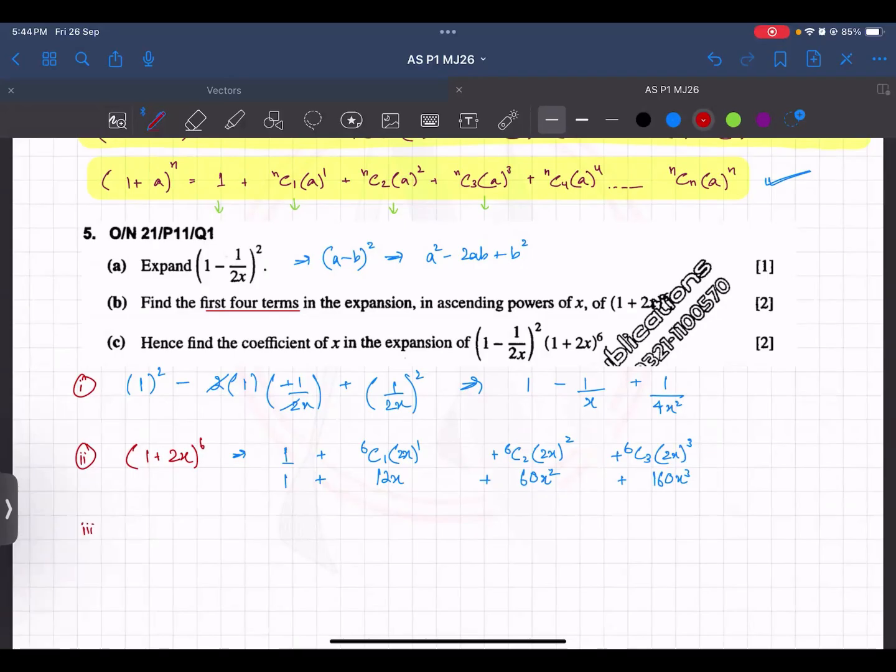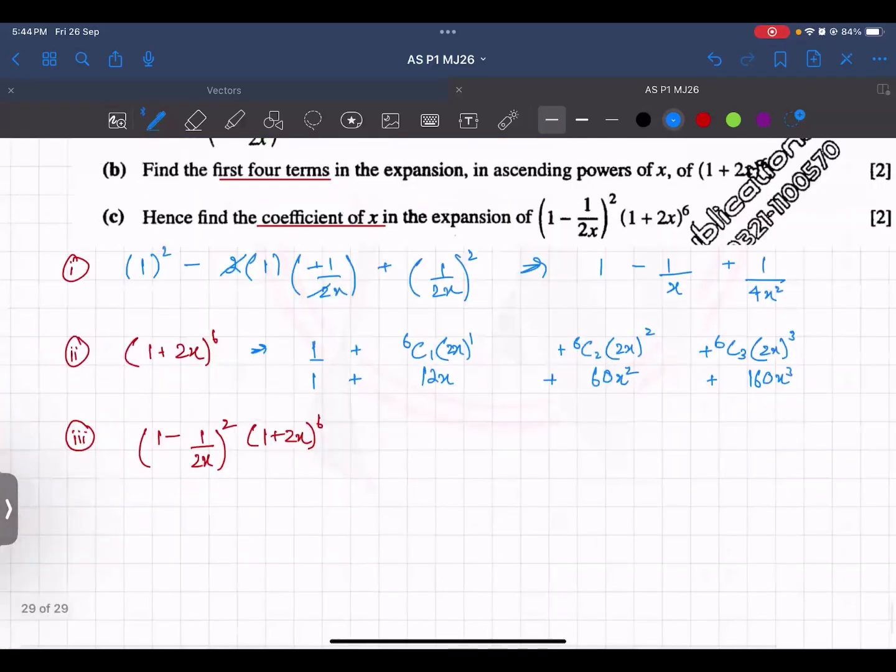Then the third one, they have combined the two things. (1 minus 1 upon 2x) power 2 and (1 plus 2x) power 6. And they are asking you to find the coefficient of x. So now we have found the expansion for both of these brackets. The expansion for the first bracket is 1 minus 1 upon x plus 1 upon 4x square.